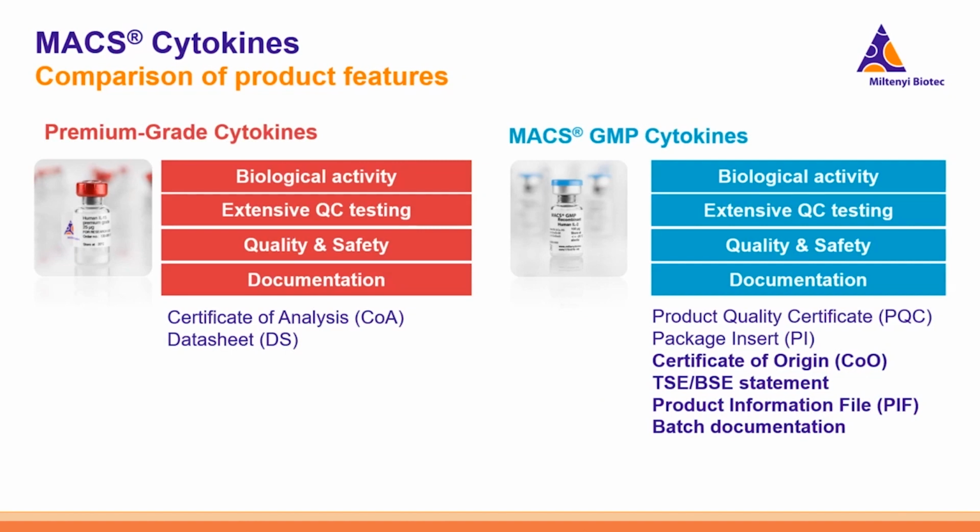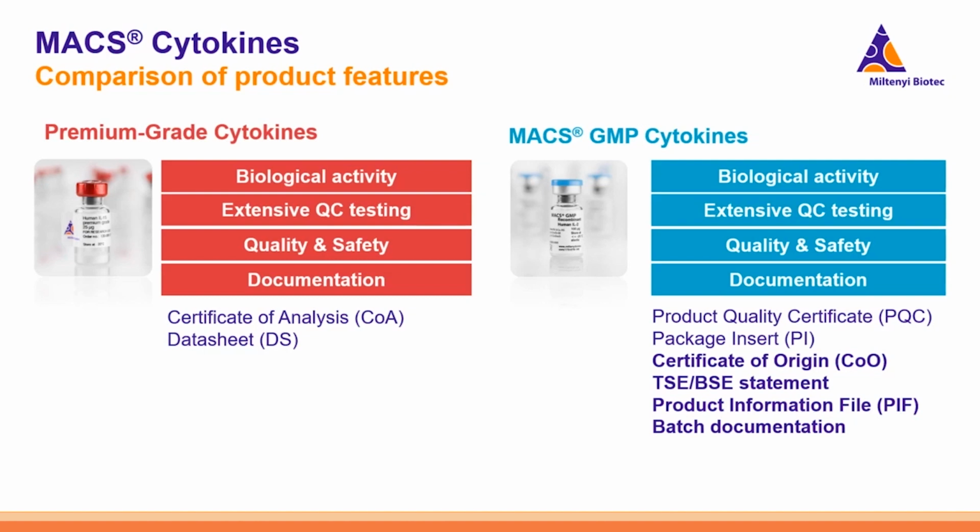Both quality grades get a certificate of analysis, or product quality certificate, as it is called for the MACS GMP cytokines. You get a data sheet and a package insert. But on top of that, for the MACS GMP cytokines, you will get a certificate of origin, a TSE/BSE statement, and a product information file where all the information about this product, including manufacturing details and details on testing, for example for virus safety, is documented.